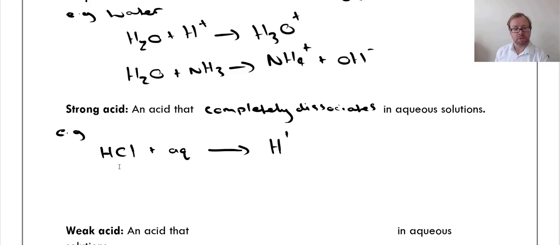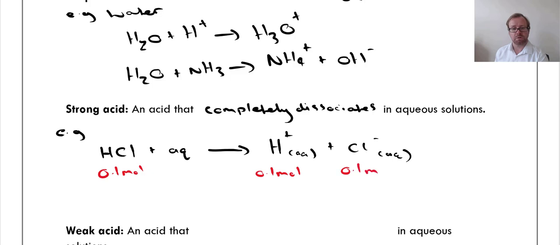It will dissociate to produce H plus and Cl minus AQ. It means that it completely dissociates, so if I started with 0.1 moles of HCl, my ratio is 1 to 1 to 1. I must have 0.1 mole here and 0.1 mole here.